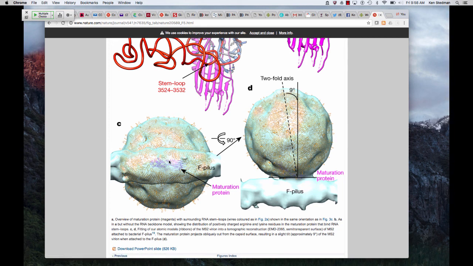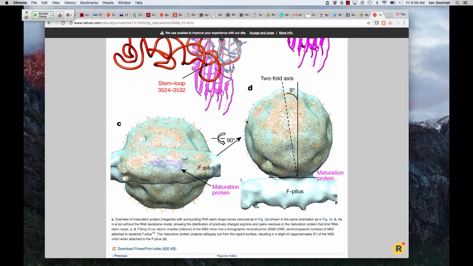As I mentioned before, this is how they found these viruses in the first place. It was F-dependent bacteriophages. So the purple maturation protein turns out to be in one place. You only have one per virion. It interacts directly with the F-pili structure.